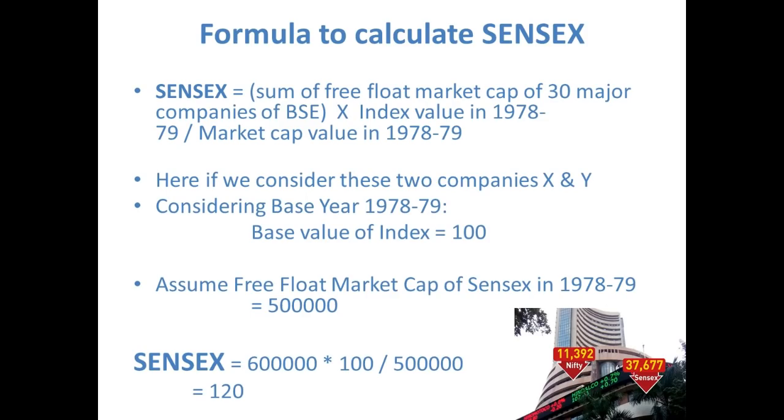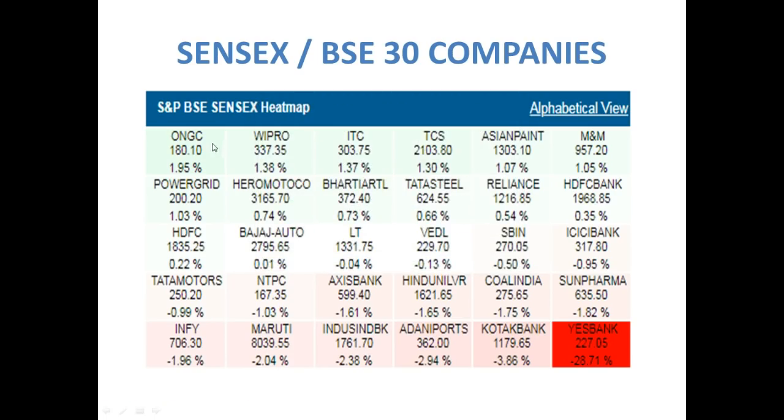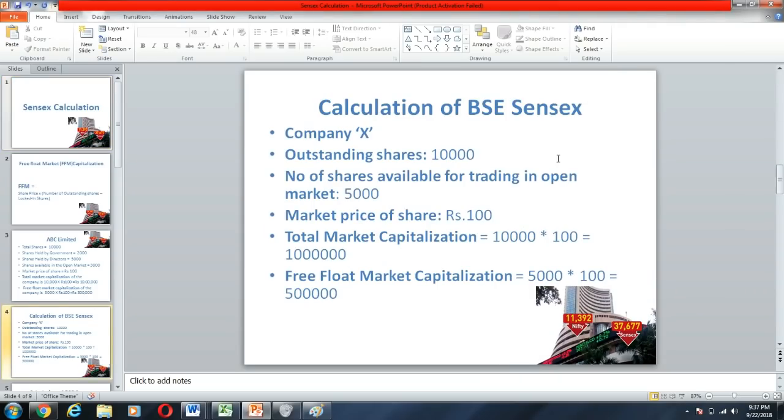In a similar fashion, while calculating the real value of the Sensex, the free float market capitalization of 30 companies is taken into consideration. These are the 30 large cap companies listed on the Bombay Stock Exchange.